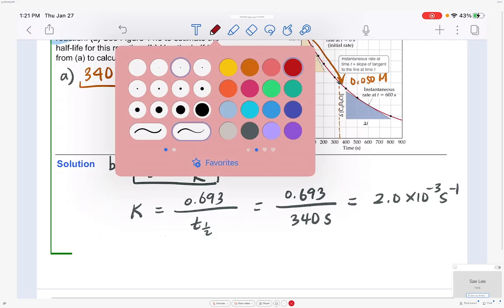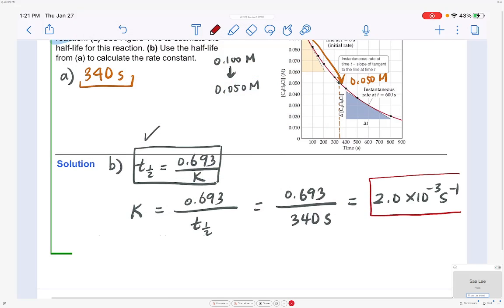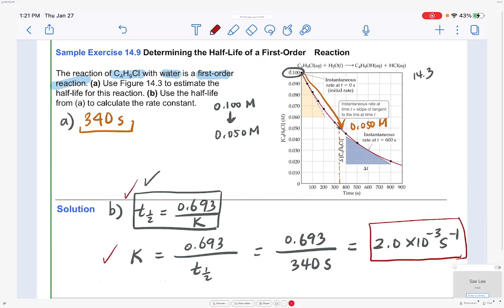As you can see, we don't really need much information to find the rate constant k and the half-life time for a first order reaction.